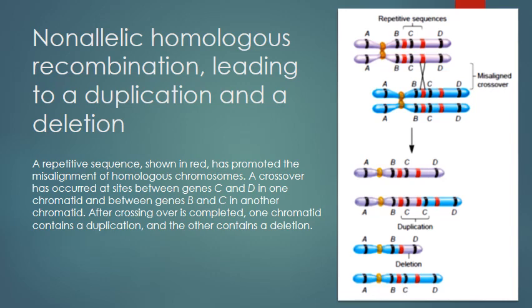The result is that one chromatid has an internal duplication and another chromatid has a deletion. This figure shows the chromosome with extra genetic material carrying a gene duplication, because the number of copies of gene C has increased from 1 to 2.